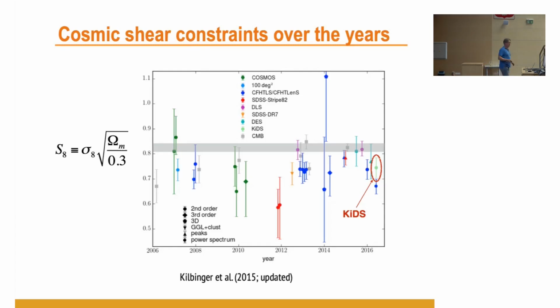But finally we're starting to see convergence, with error bars shrinking compared to, say, 10 years ago. And this is what I showed yesterday. The gray line here is the Planck result, and all these measurements are consistently below Planck.